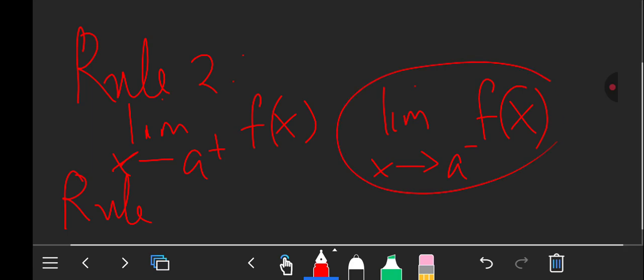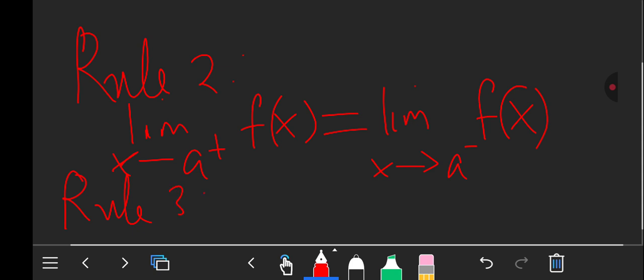These two must be equal. If they are giving you the same values, let me put an equal sign there. As x approaches the negative side and as x approaches the positive side, they must be equal.